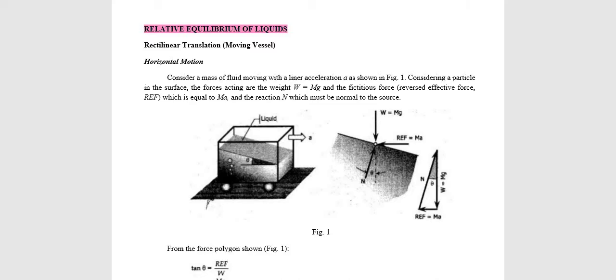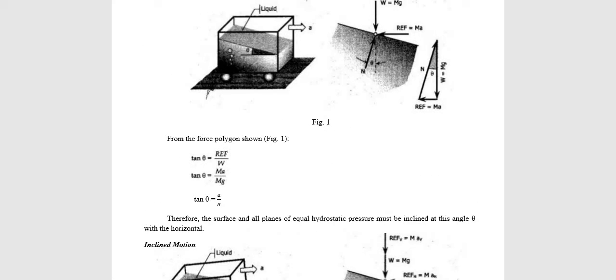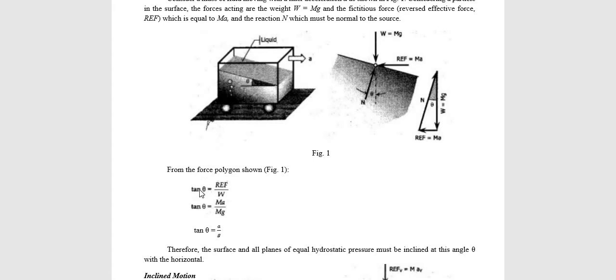Before we proceed to the inclined motion, let's first see the formula involved in a horizontal motion, a vessel moving in a horizontal motion. Let's first consider the derivation of the formula.